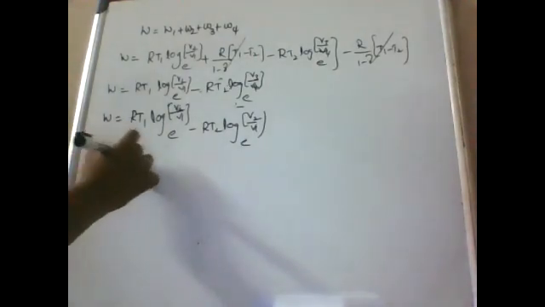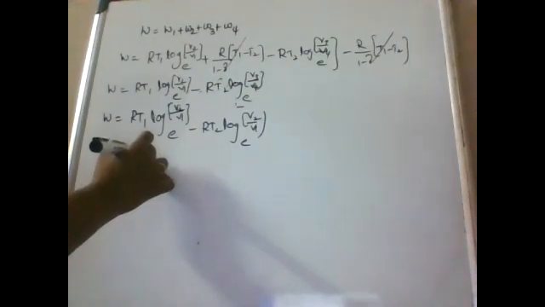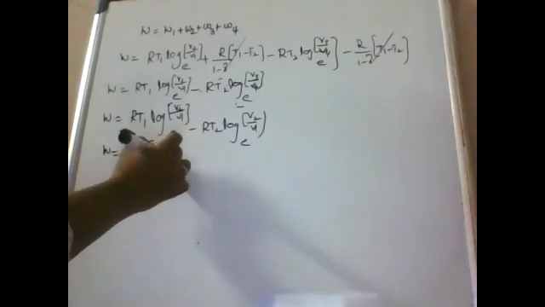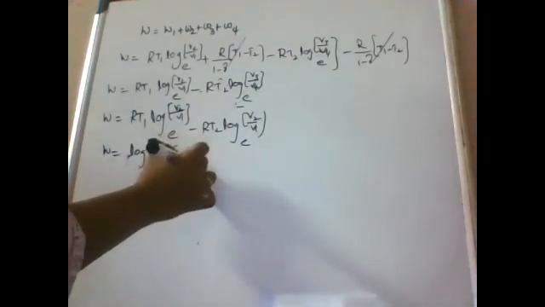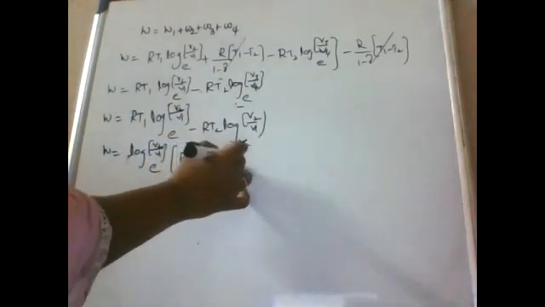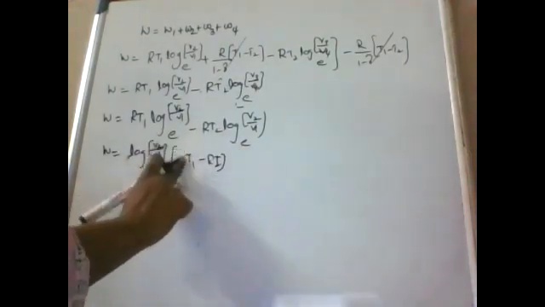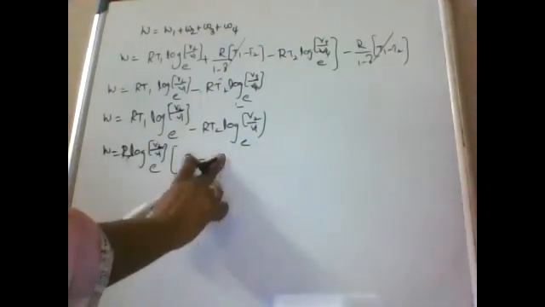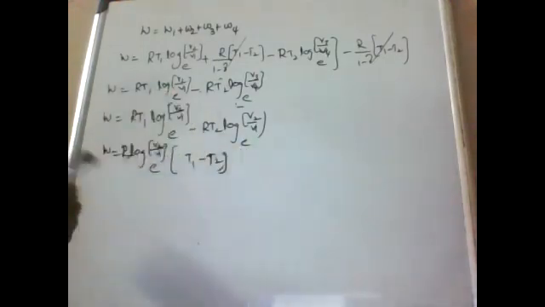Next, W equals R log V2 by V1 base e common. Next, RT1 minus RT2, so R is also common: R log V2 by V1 base e into T1 minus T2.